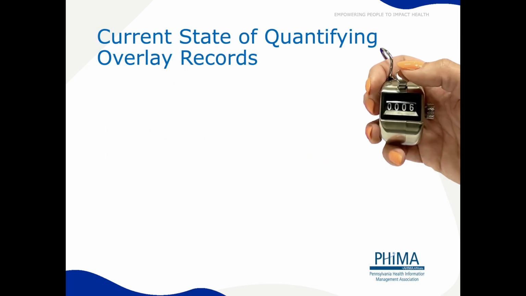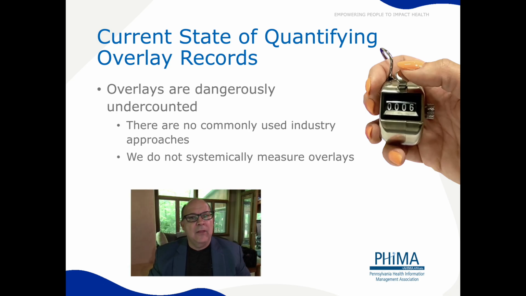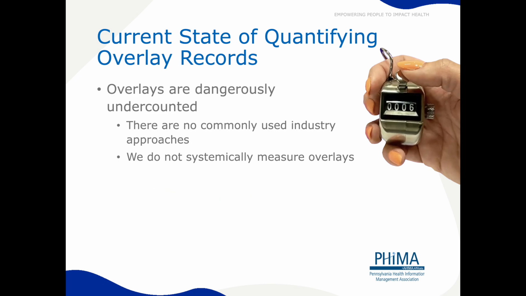The current state of quantifying overlay records is weak. They're dangerously undercounted, and there is no common industry approach to solving this problem, or counting, or cataloging the types of errors. We do not systemically measure any sort of overlay data. We do a lot with duplicates, but we do very little with overlays.